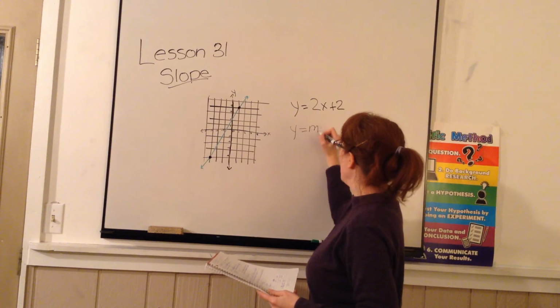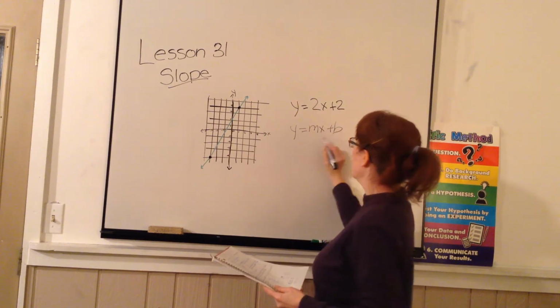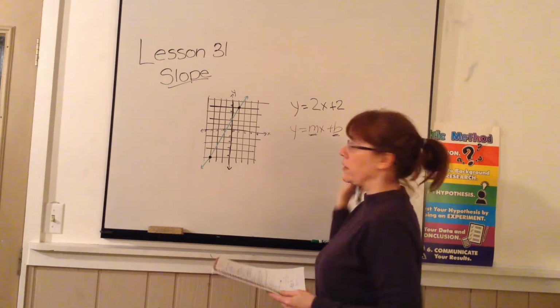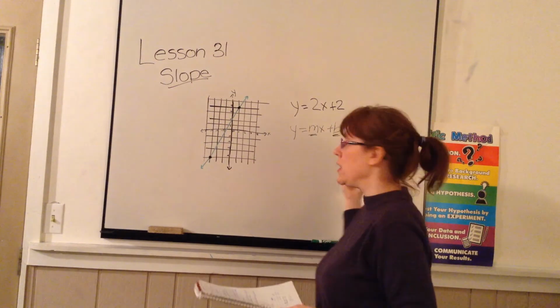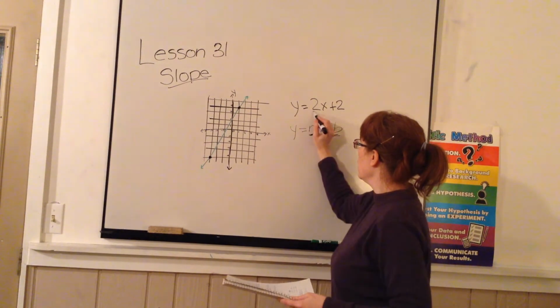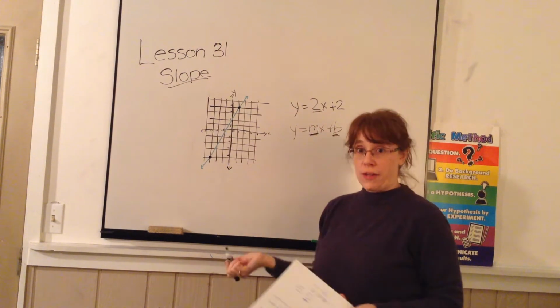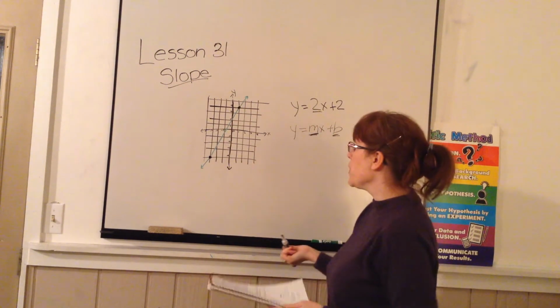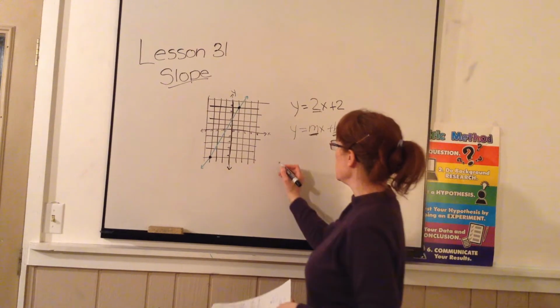So y equals mx plus b, that's the slope-intercept form. We're going to see how m is actually the value of our slope, okay? So what is slope?